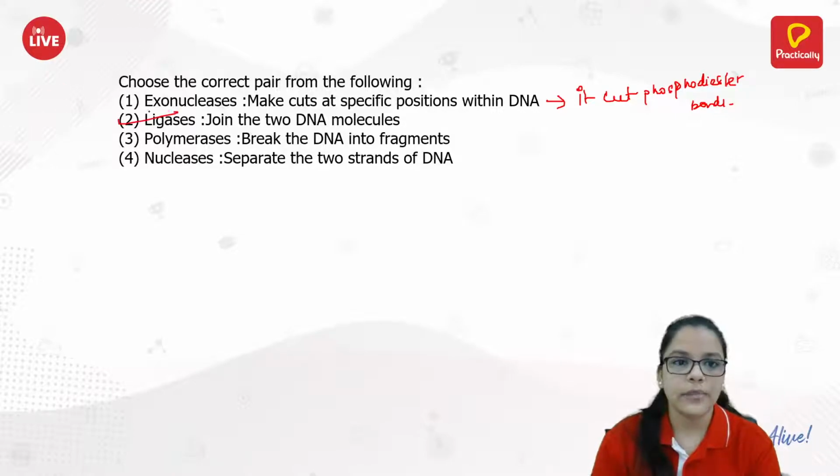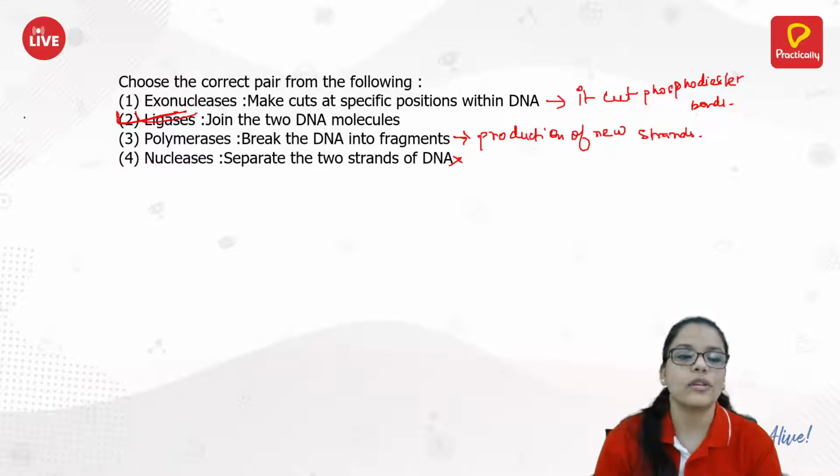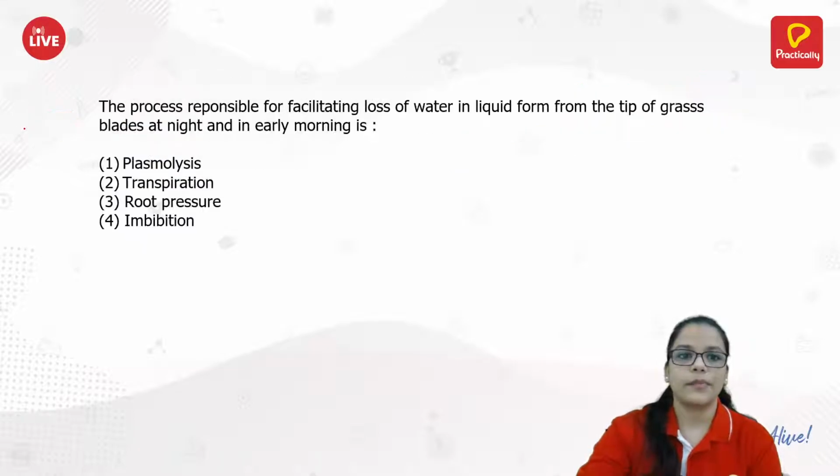This is correct. Polymerase break the DNA fragments. No. Okay. They are used in production of new strands. Nucleases also separate two DNA strands. No. This is also wrong. So the answer is ligases. They join the DNA molecules.